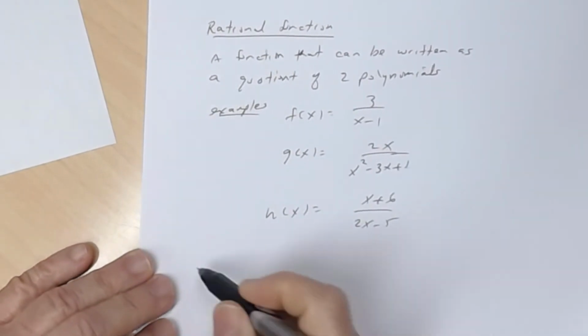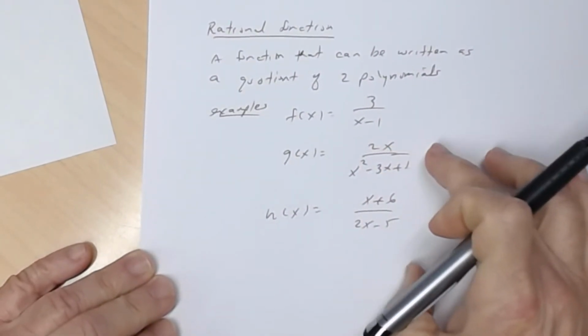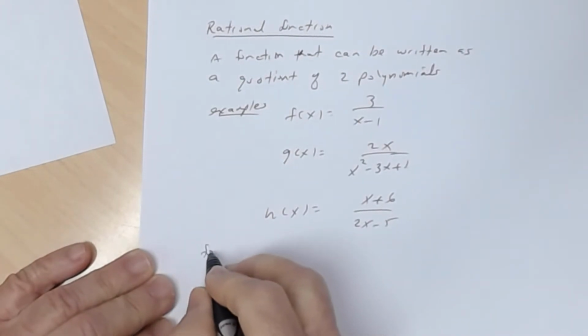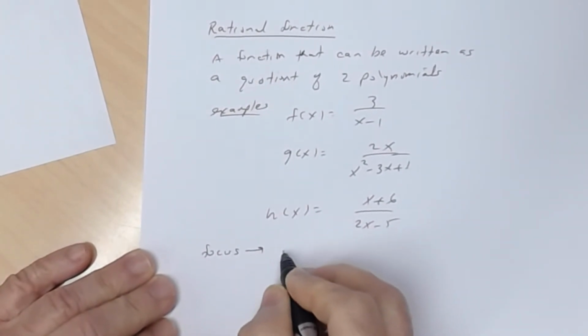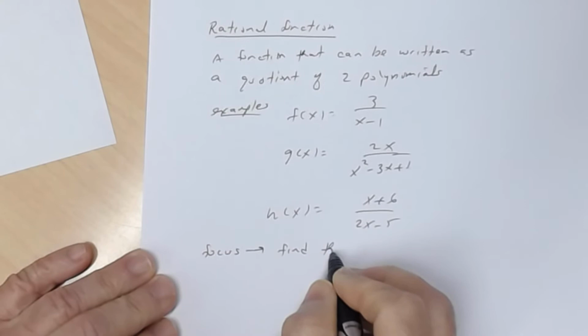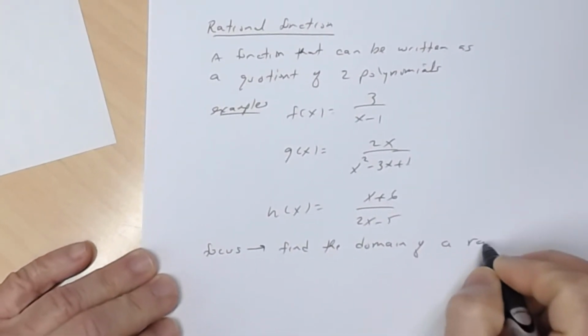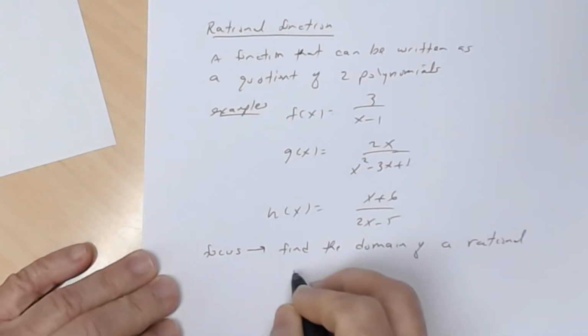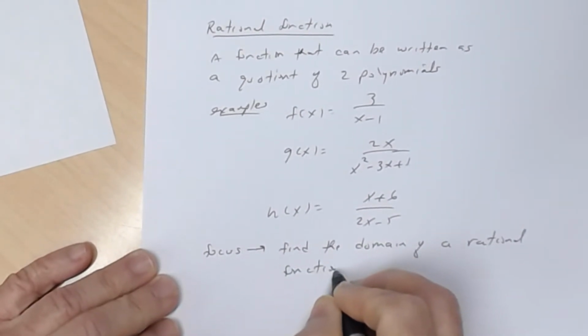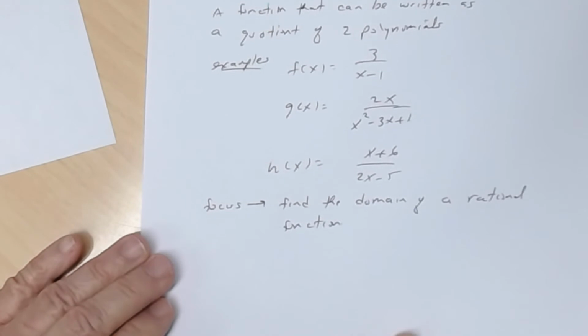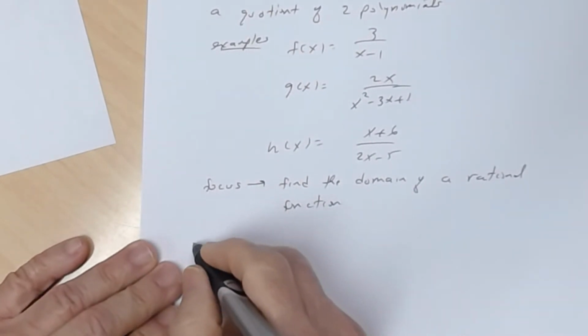Now, the focus here is to find the domain of a rational function. Let's first of all remember this.